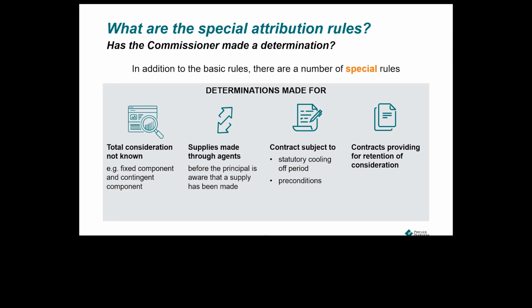There's also a determination for supplies made through agents, where you have a principal-agent relationship and the supply is made by an agent in circumstances where the principal may not yet be aware that that supply has been made. Effectively, this delays attribution of the GST on that supply until the principal becomes aware that their agent has made that supply on their behalf.